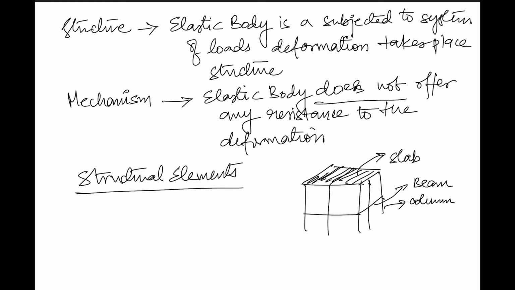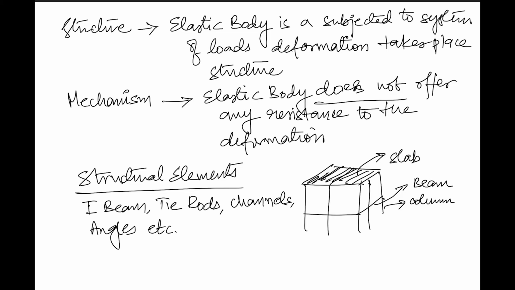So these elements can be, maybe the beam is an I beam, right? So we have tie rods as a structural element. We can even have channels as beams. Okay, we can have angles, Indian standard angles, etc. So these are all a part of the structure which make up the structure.